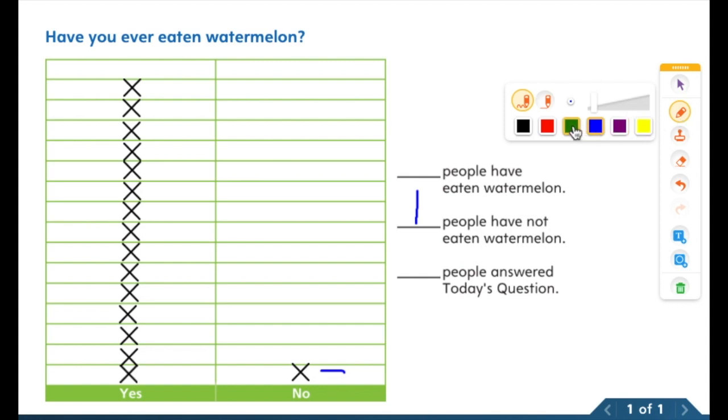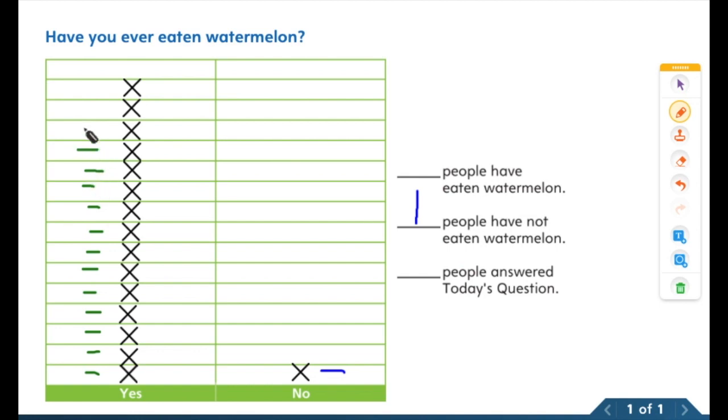Now let's go back and count how many people said they have eaten watermelon. Count with me. Get ready. 1, ... Did you get 15?